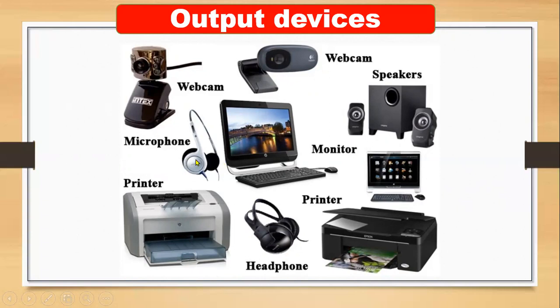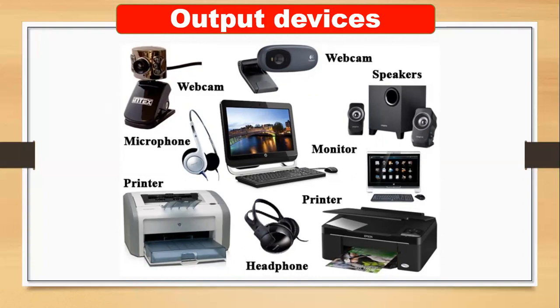And the microphone. The microphone is not an output device. Why? Because when you talk and I listen, the microphone helps to send your sound to the computer. So your sound goes to the computer, so this will be an input device.